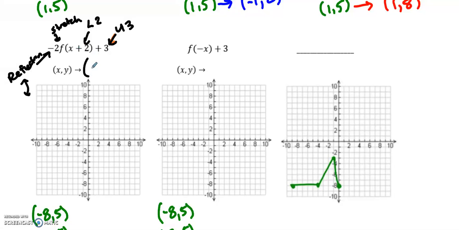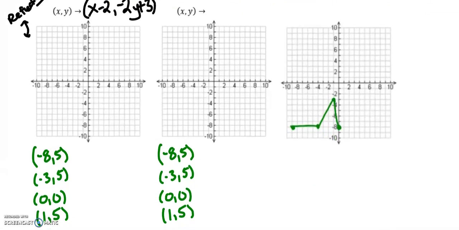So for my filter, it looks like the x's, since they're left 2, is going to be a minus 2. Remember, we're always taking that opposite of the inside. And the y's are going to be negative 2y plus 3. I multiply by negative 2 first because of order of operations. So I have my filter, and go ahead and start running all these points right here through my filter.